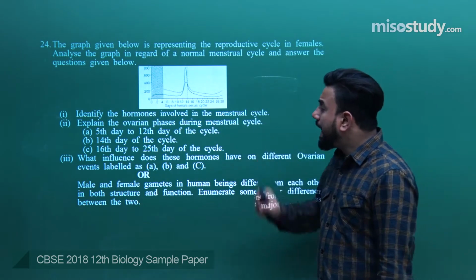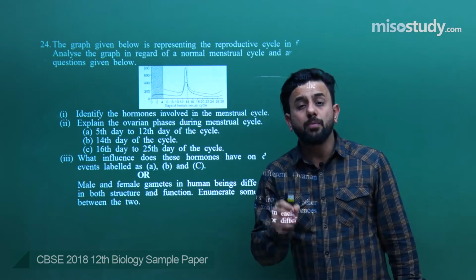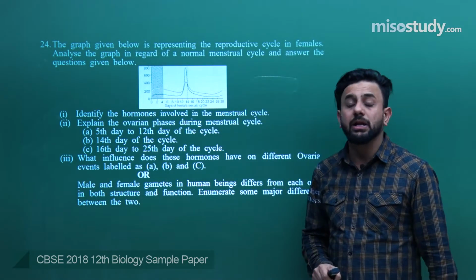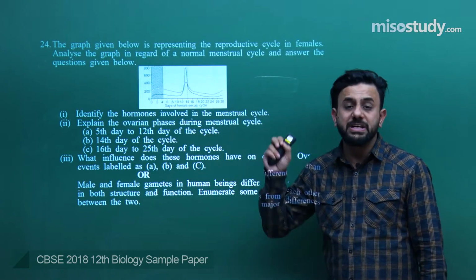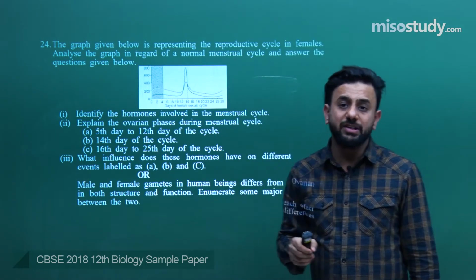So the hormones involved in the menstrual cycle will be these two lines, representing the follicle stimulating hormone and the luteinizing hormone.